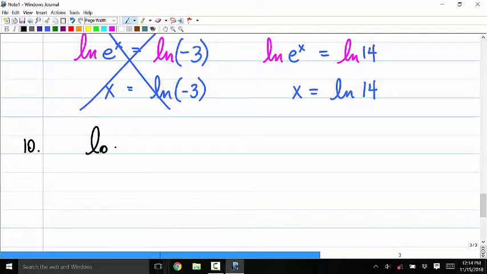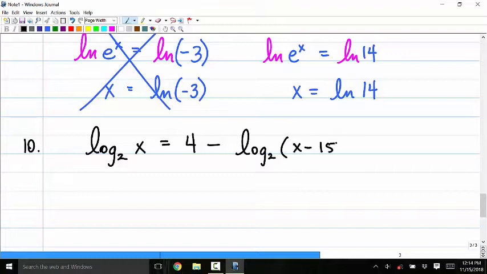Log base 2 of x equals 4 minus log base 2 of x minus 15. Is the log isolated? Nope.